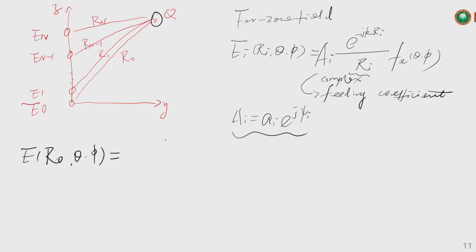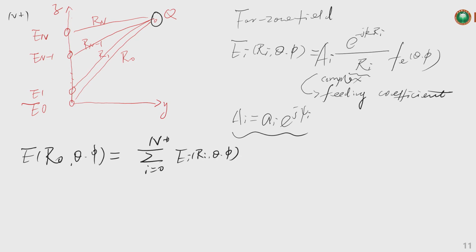It can be expressed as I equals 0 to capital N times... okay, because it's from 0, it becomes n plus 1, right? So, E_i(R_i, theta, phi).